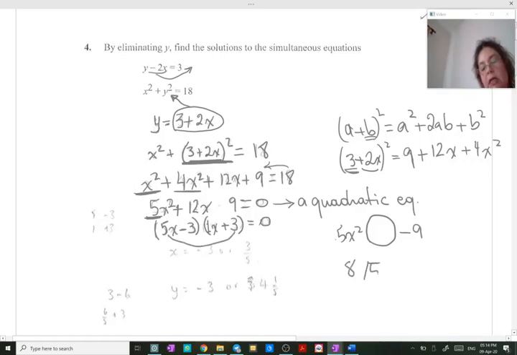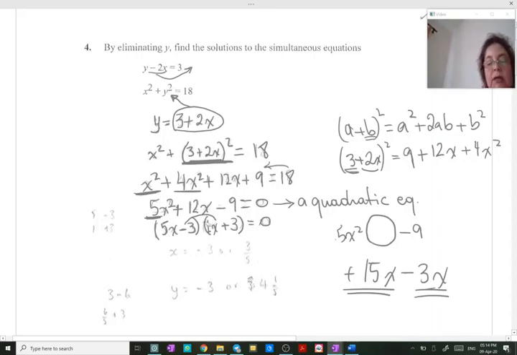It's 15x, and inner times inner is minus 3x, so plus 15x minus 3x gives you plus 12x. So our factorization is right.